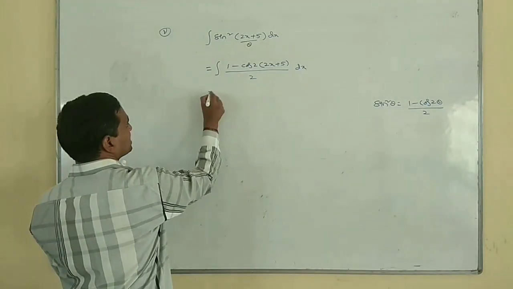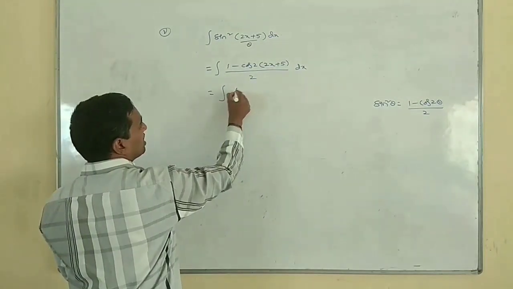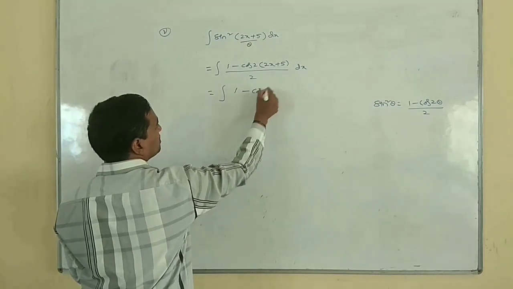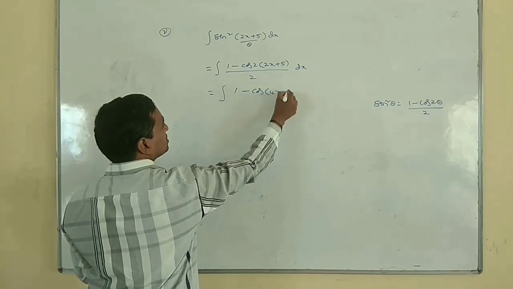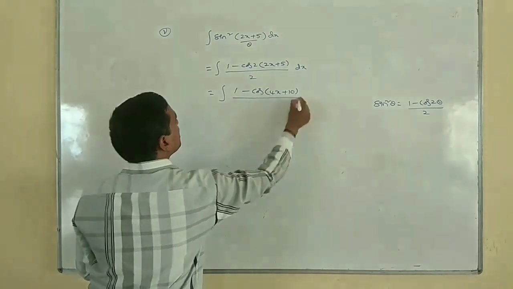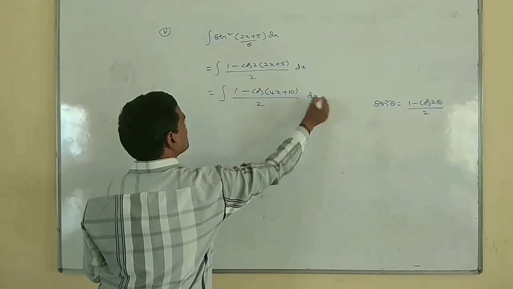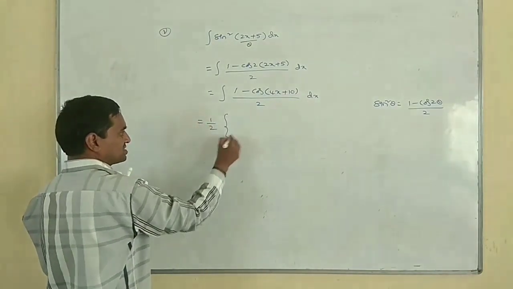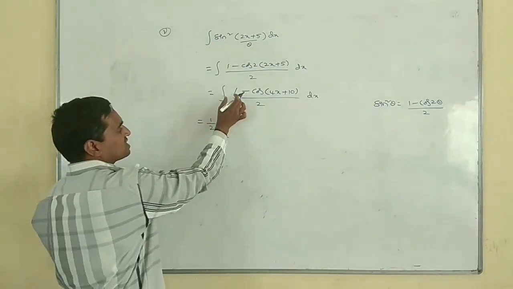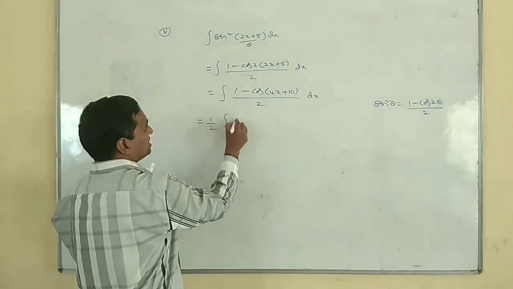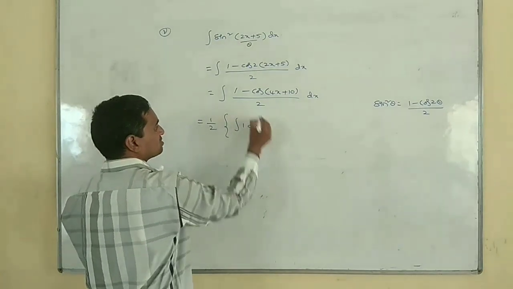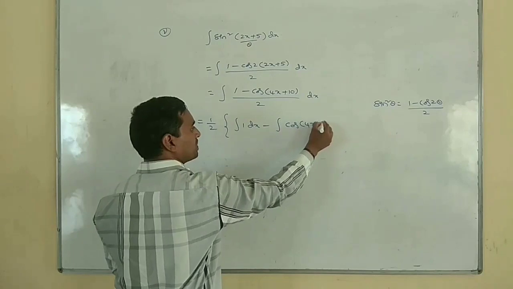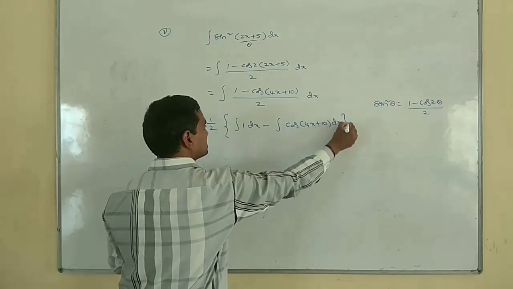Now simplifying: integration of 1 minus cos of 2 into 2x, that is 4x, plus 2 into 5, that is 10, whole divided by 2 dx. The constant 1 by 2 is written outside. After that, split this into two terms: integration of 1 dx minus integration of cos of 4x plus 10 dx.